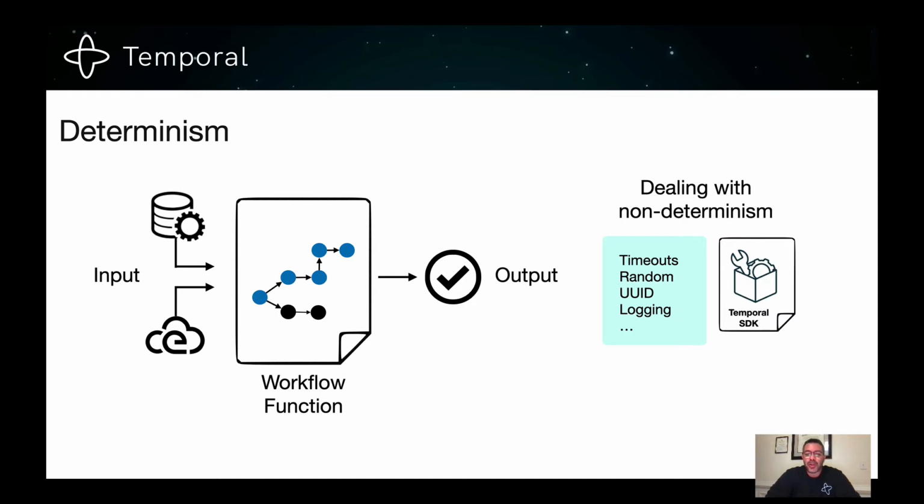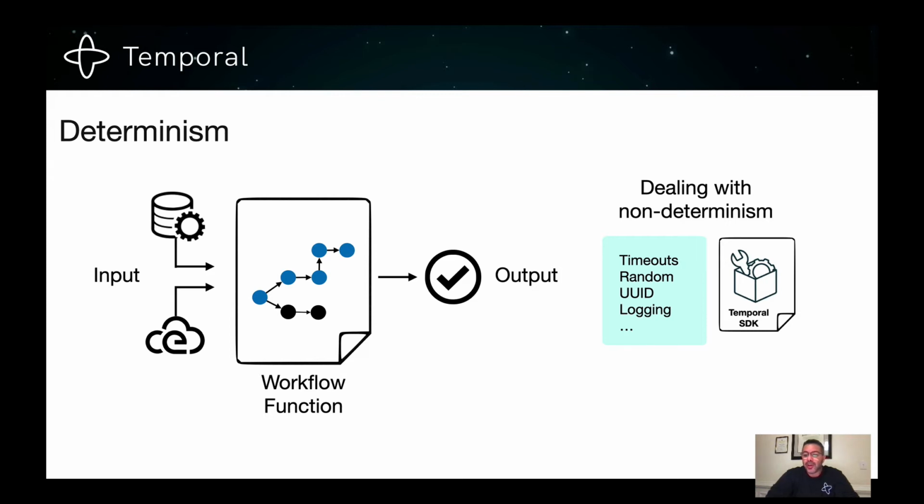This is important because in order for Temporal to make your code fault tolerant, it needs to be able to replay your workflow in case of some error or failure. And it's important that during replay, we take the exact same path to the point where the failure happens, and Temporal will then be able to continue execution of your code as if the error probably didn't happen at all.